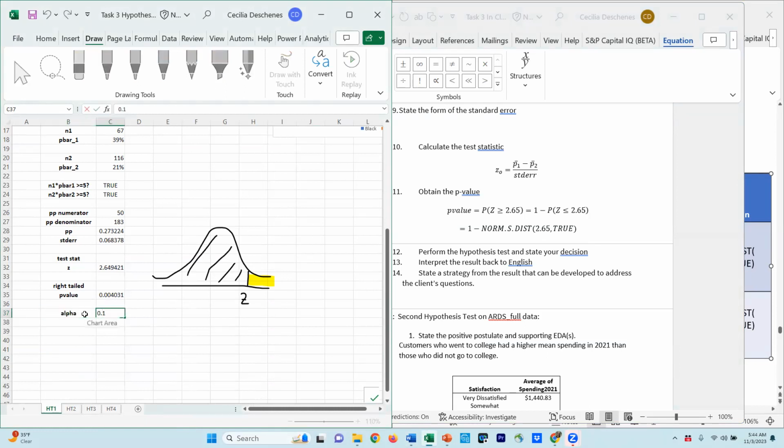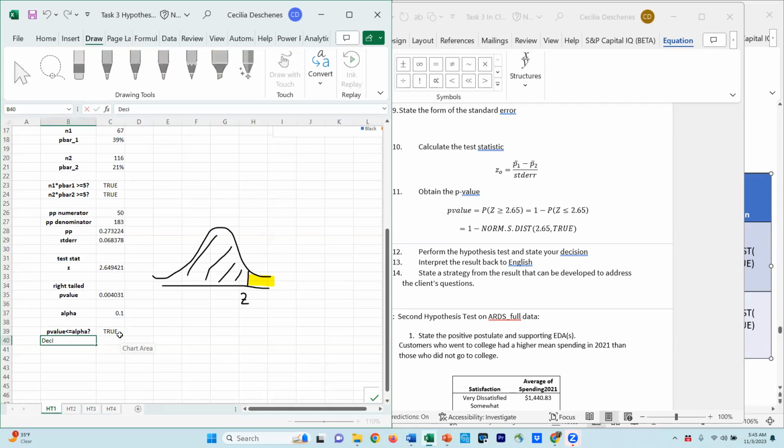It was 10%. And then this is where we just do is the p-value less than or equal to alpha, question mark. And this is where we just go ahead and have Excel do it for us if you'd like. I mean, obviously you can look at this and probably know the answer, but if you like to have it programmed, you can copy this from somewhere else maybe.